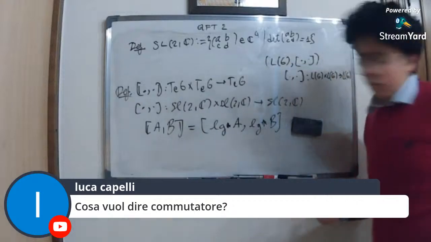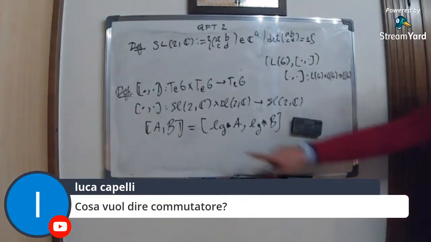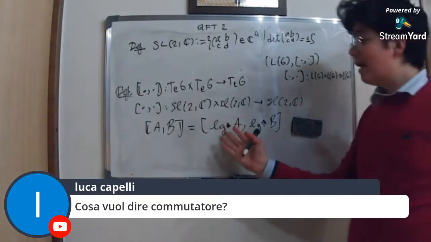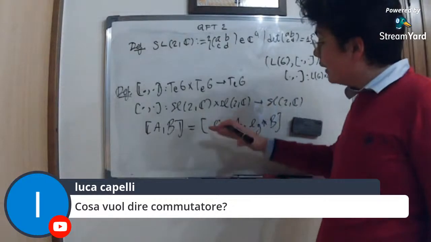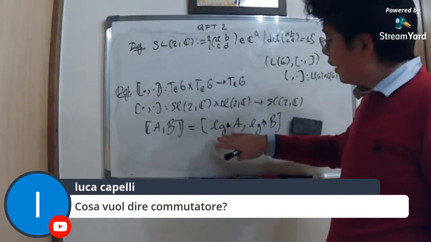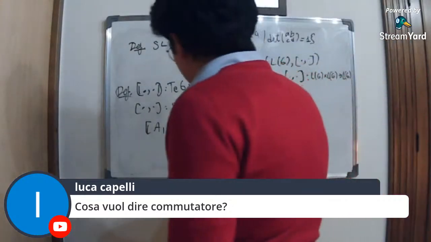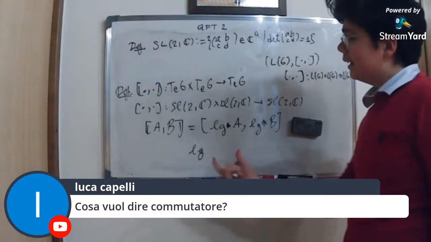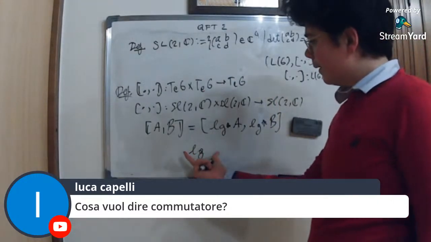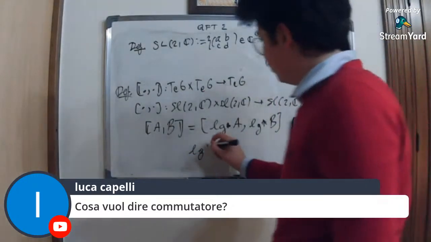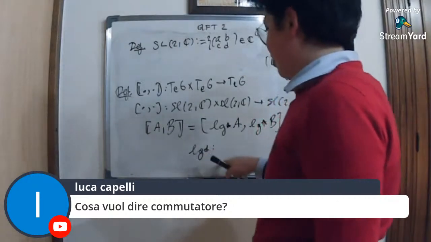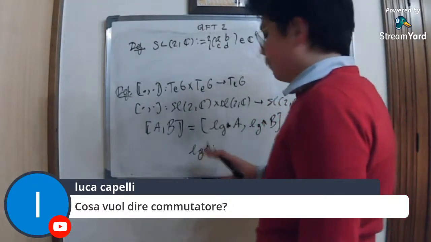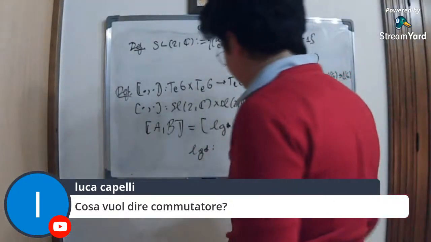We've already seen the definition of this map. This map effectively is an isomorphism, a particular isomorphism, and my function LG dual is a particular function of this kind.